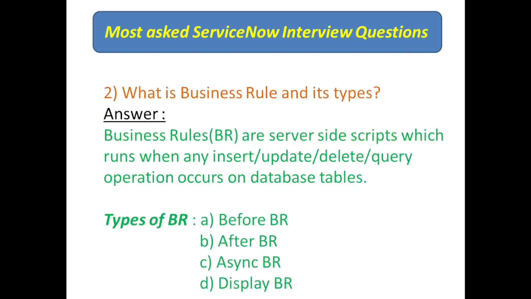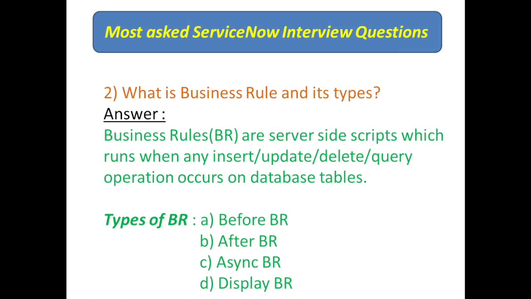Now moving on, the second question is, what is a business rule and what are its types? The answer will be: business rules are server-side scripts which run when any insert, update, delete or query operation occurs on database tables.